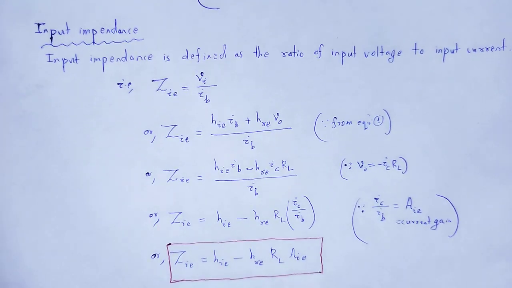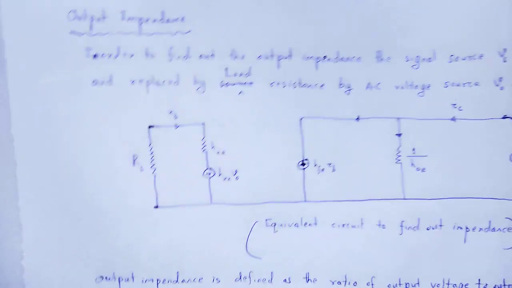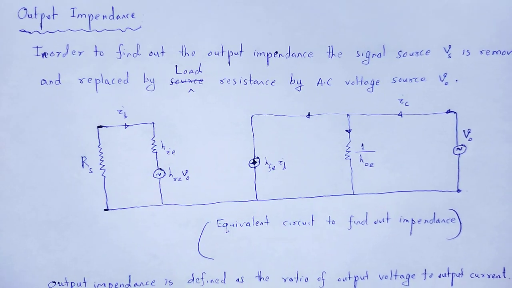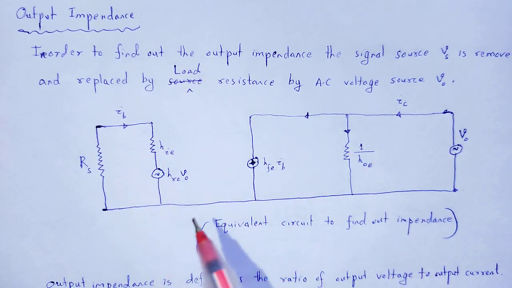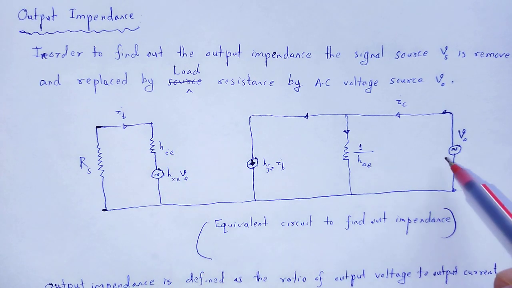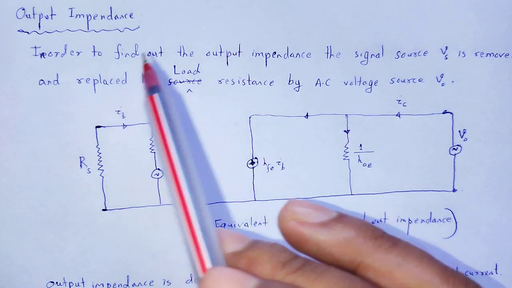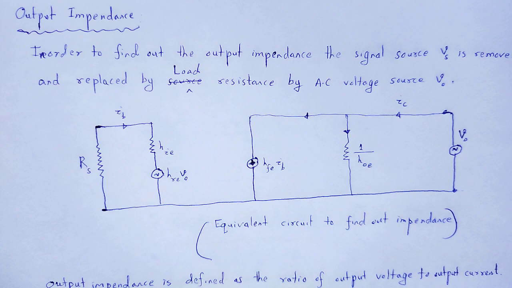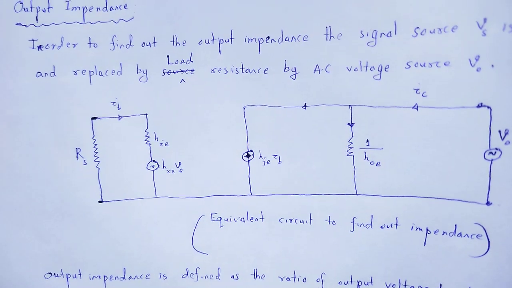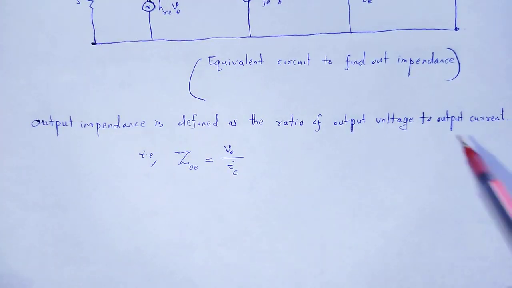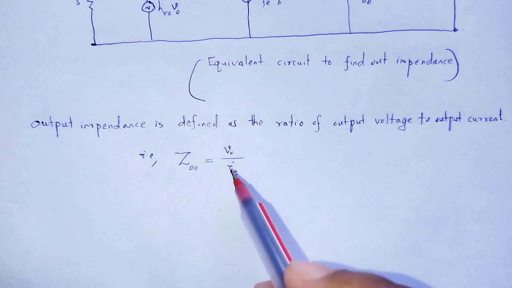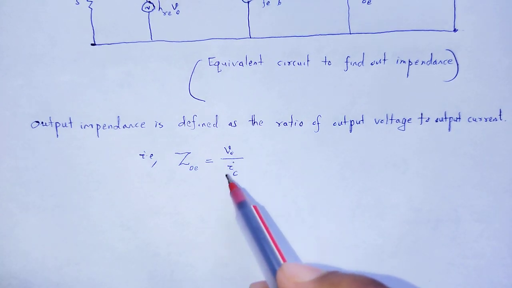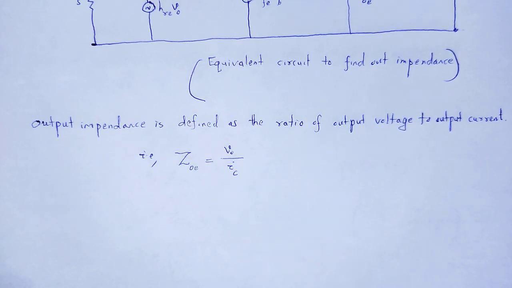Therefore, the modified circuit looks like this in order to calculate output impedance. Now, output impedance is the ratio of output voltage VO to output current IC.